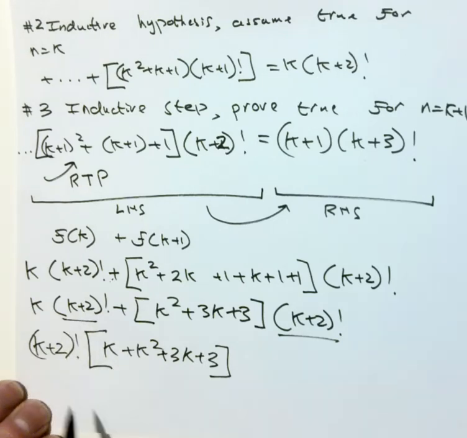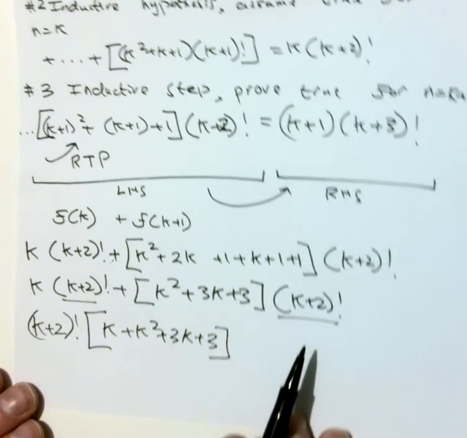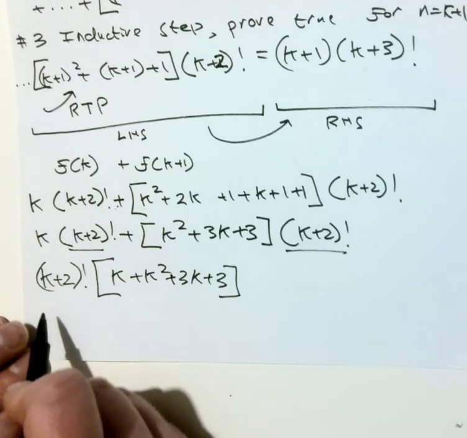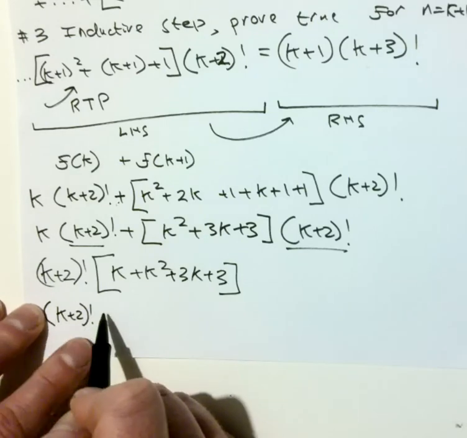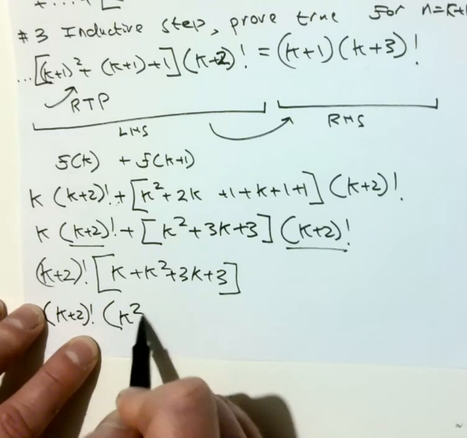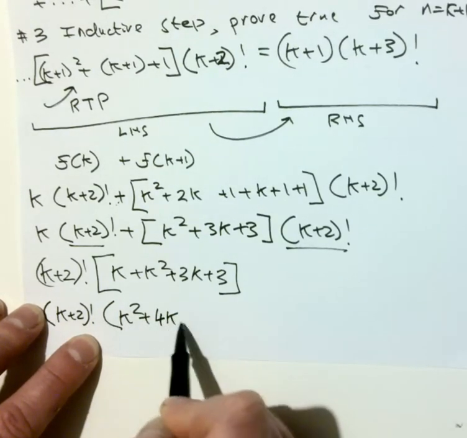Okay, so if we tidy this up, we get k plus 2 factorial, k squared plus 4k plus 3.